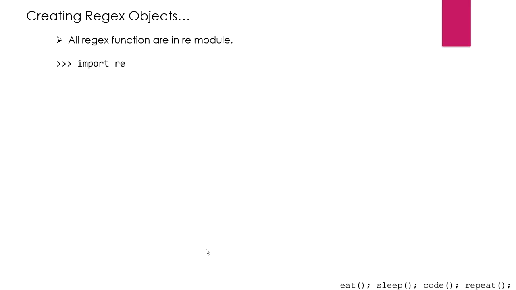If you don't import it, you're going to get a NameError that re is not defined. Wherever you write your code, in an interactive shell or in any editor, you need to import re to use its objects and functions. All regex functions are in the re module. So we have import re.